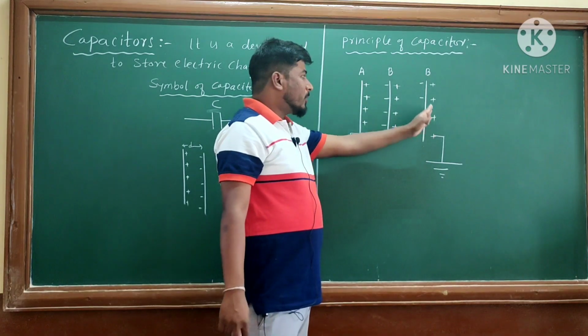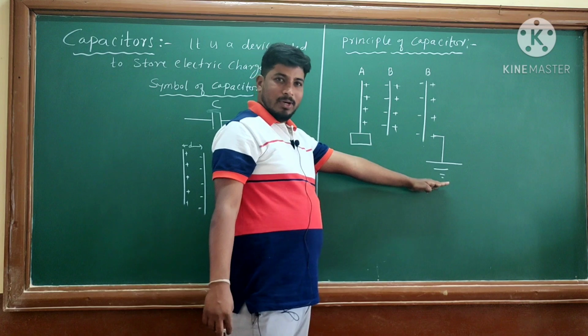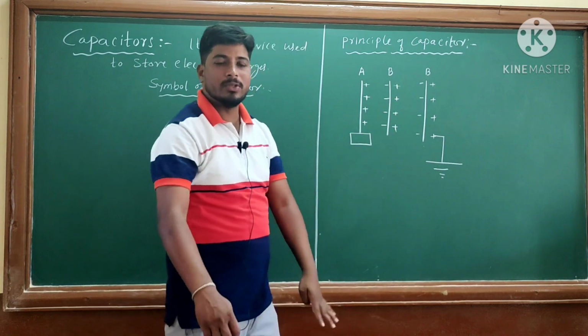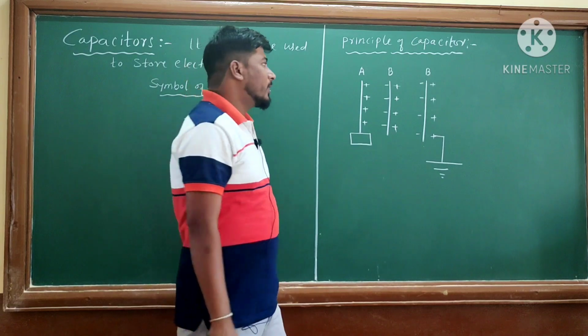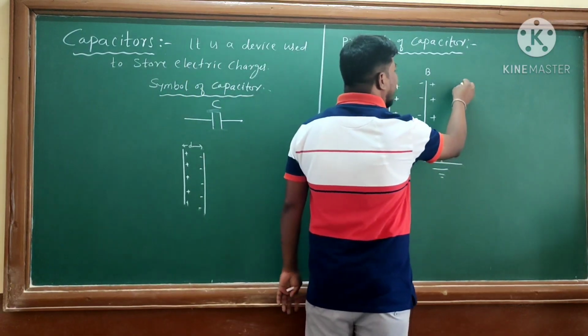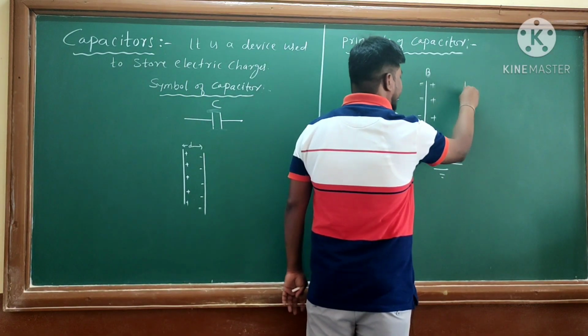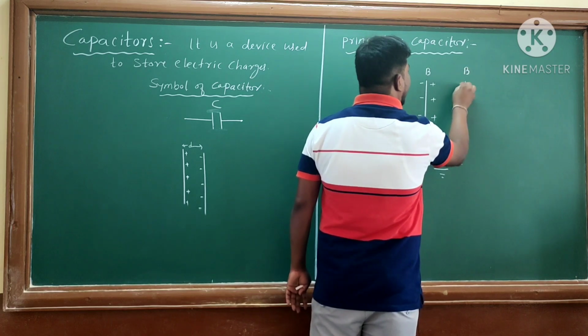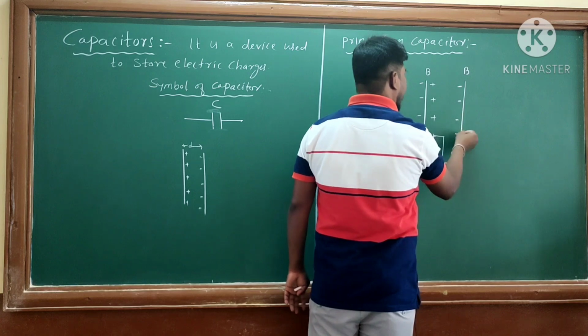When I make the positive charges ground level, all these positive charges will come across to the ground now. What remains only here? The negative charges. On the surface of B, only negative charges are available.